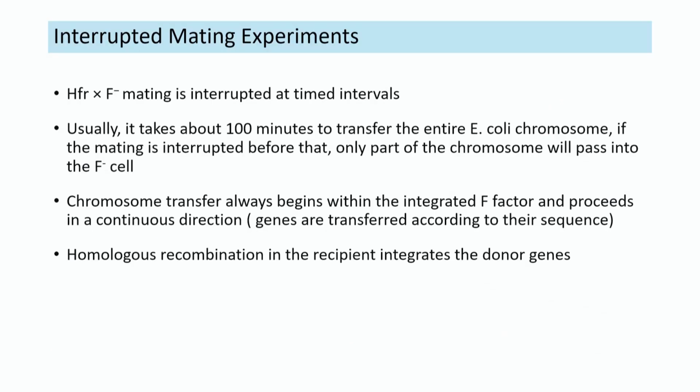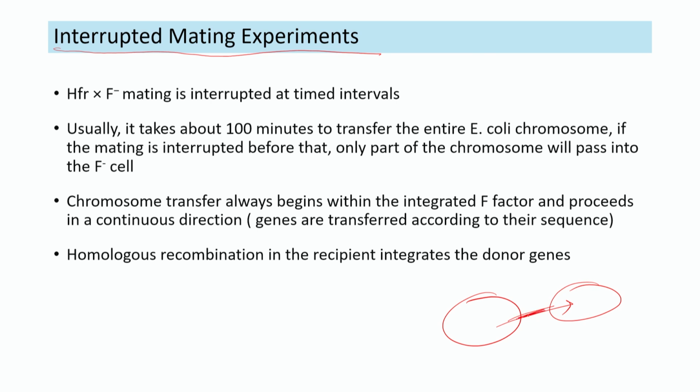We'll come to it. So what kind of experiments did people do when they talk about gene mapping in bacteria? These are called the interrupted mating experiments. Mating, you already understood, means you have a bacterial cell that connects with another recipient cell and transfers DNA to it.